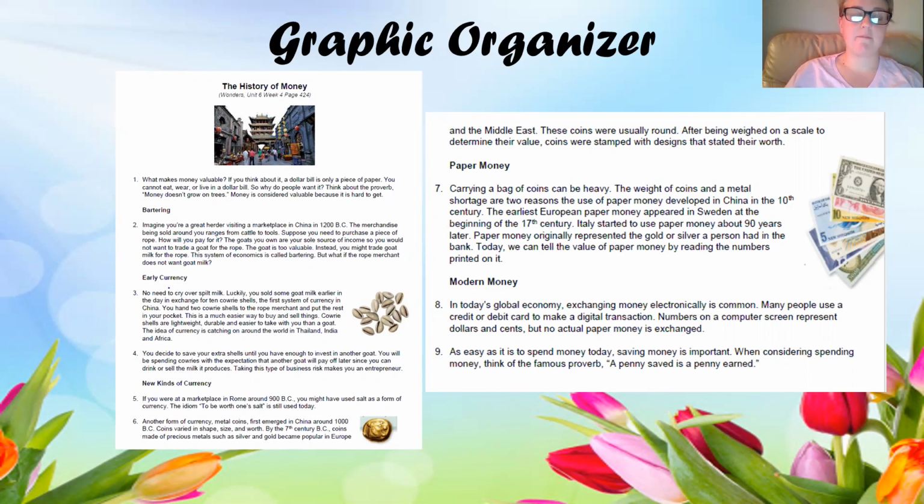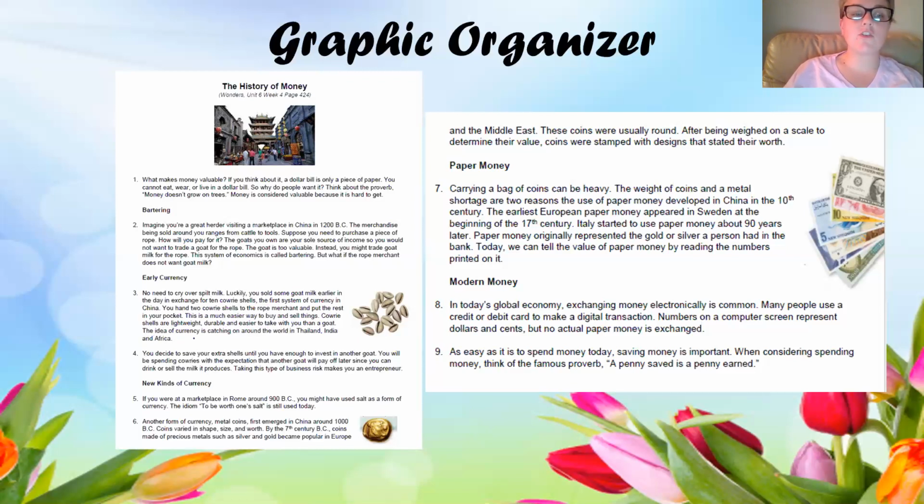Early currency. No need to cry over spilt milk. Luckily, you sold some goat milk earlier in the day in exchange for 10 cowrie shells, the first system of currency in China. You hand 2 cowrie shells to the rope merchant and put the rest in your pocket. This is a much easier way to buy and sell things. Cowrie shells are lightweight, durable, and easier to take with you than a goat.